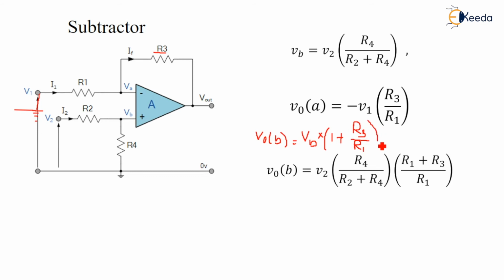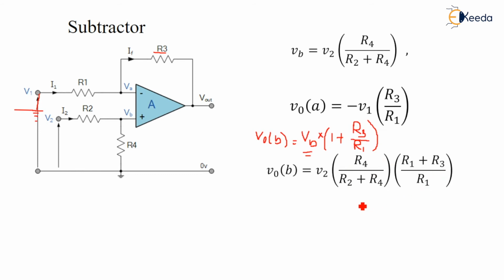So I'll substitute VB is equal to V2 R4 upon R2 plus R4, and you'll get this equation. I cross multiply this, so I got R1 plus R3 upon R1.